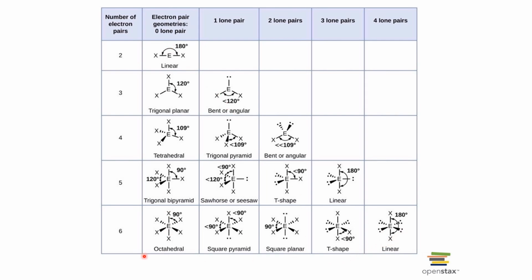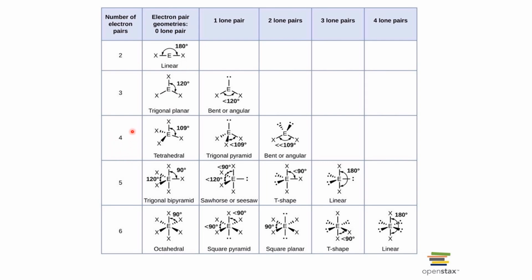And here are the structures you can figure out, what kind of structure you have with the total number of electron domains, while determining the structure with how many lone pairs exist in your particular structure. So for example, if you have a total number of 2 electron domains and you have 0 lone pairs, your structure is linear.